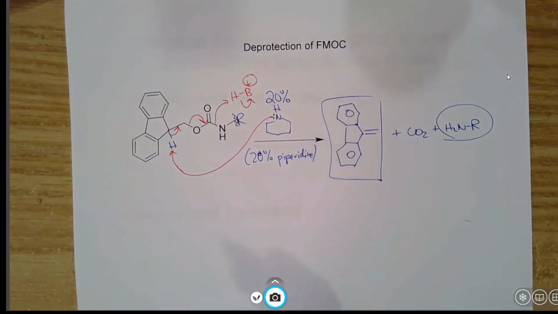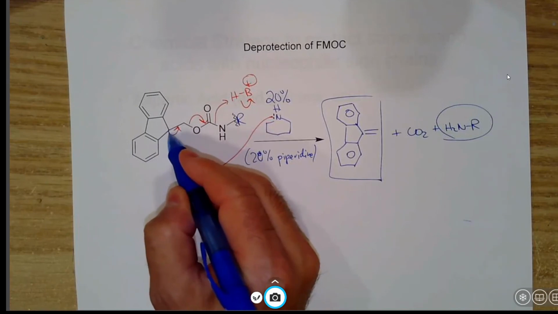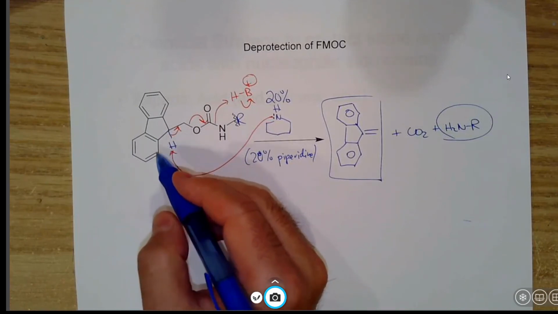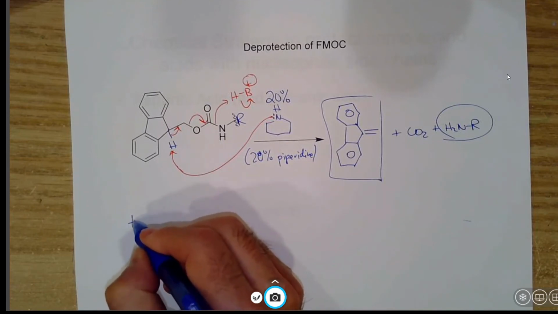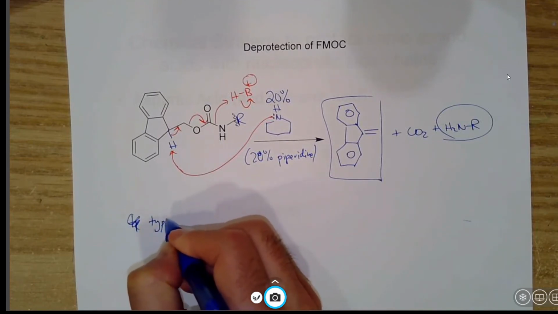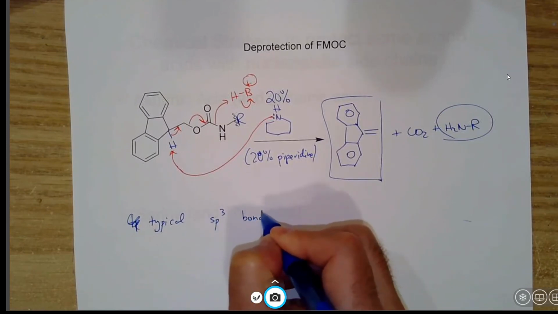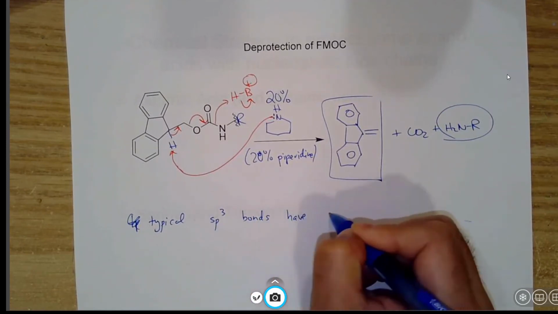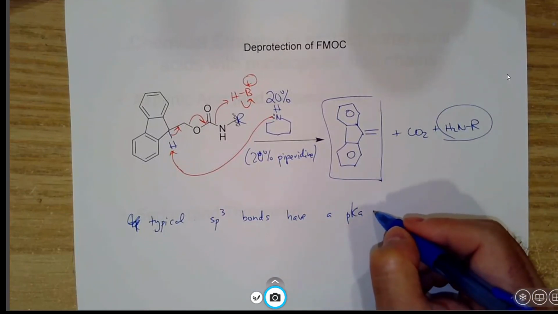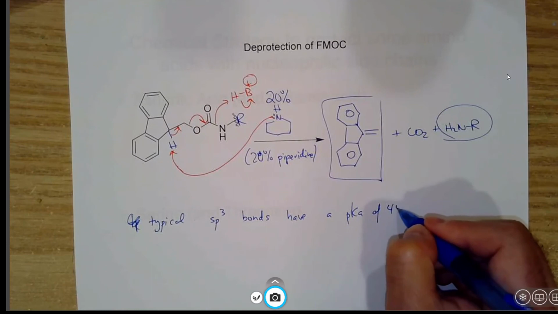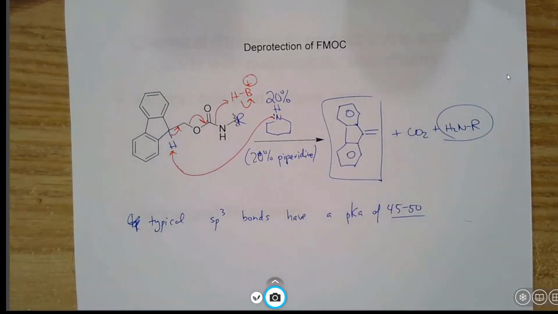20% piperidine is enough to do this. Now, why does this work? This is an sp3 C-H bond. Why does that become deprotected with piperidine? Because typically, these bonds have a pKa that is quite high, 45 to 50, all right? And you wouldn't think that piperidine would be able to do that.